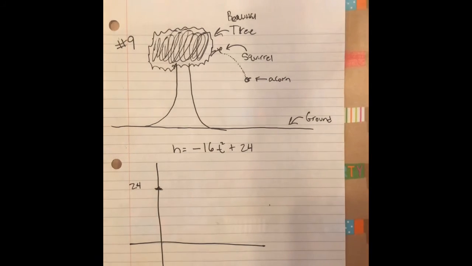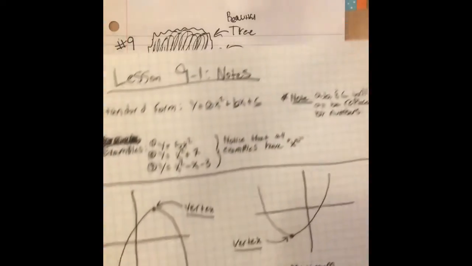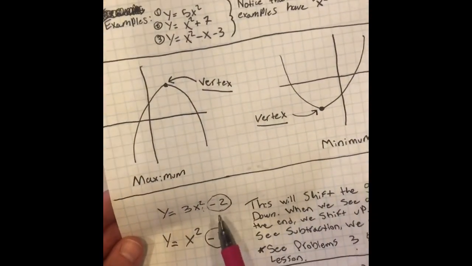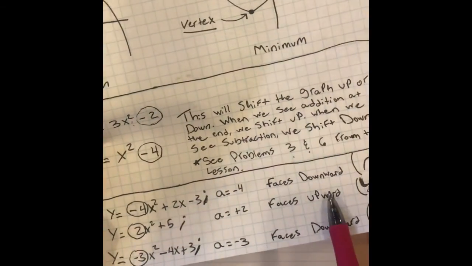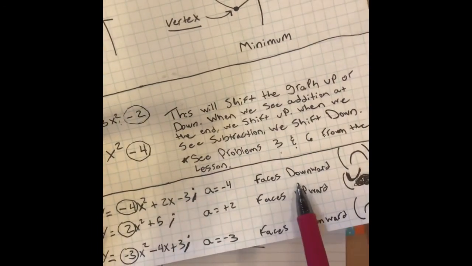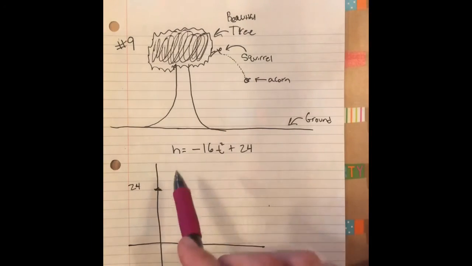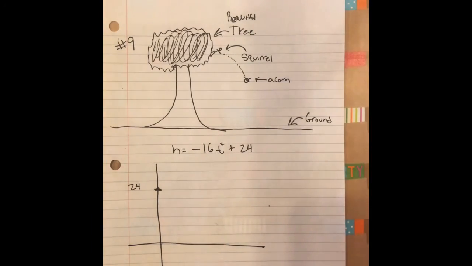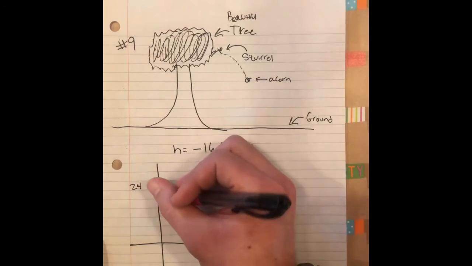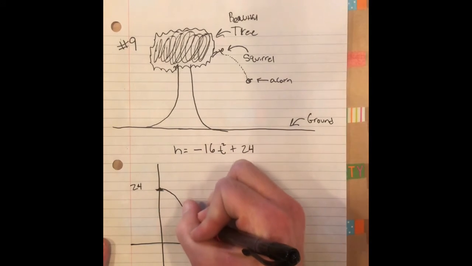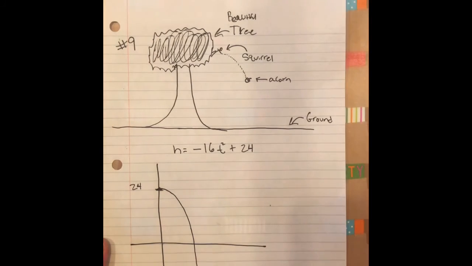Based back on our notes, we have our shifting and whether it faces downward or upward. This is negative, faces downward. So right off the bat, I know it's going to look something like that.